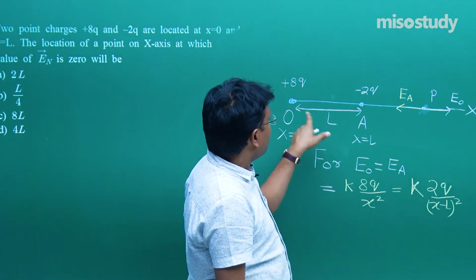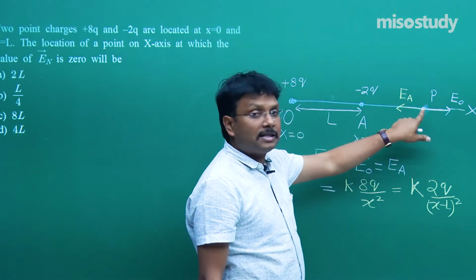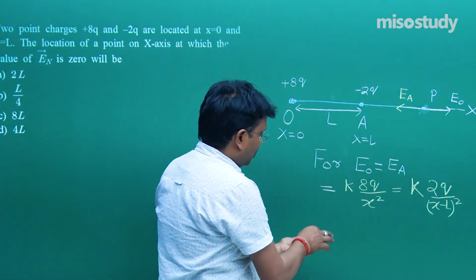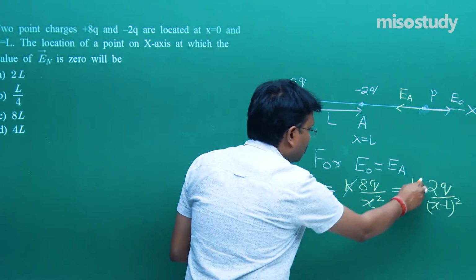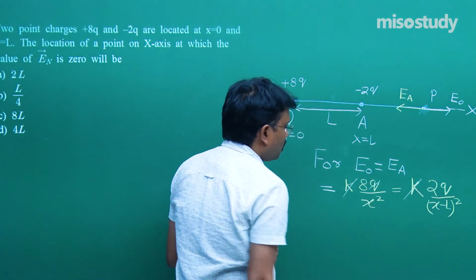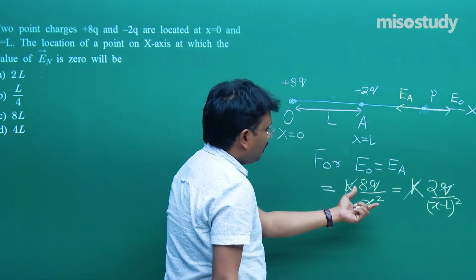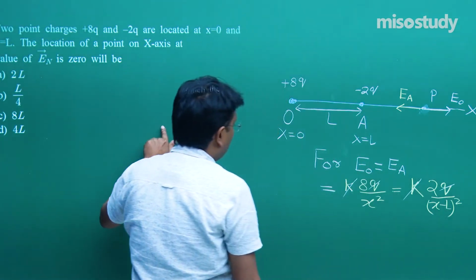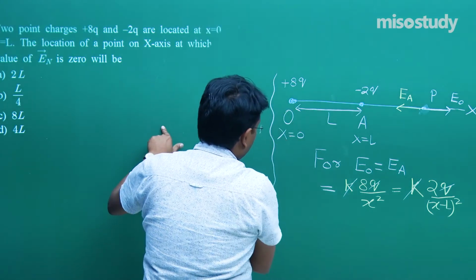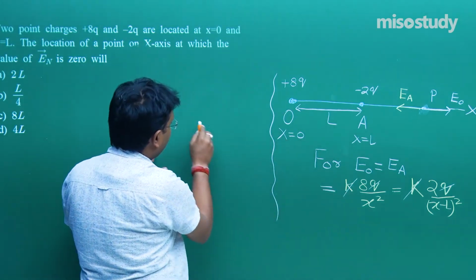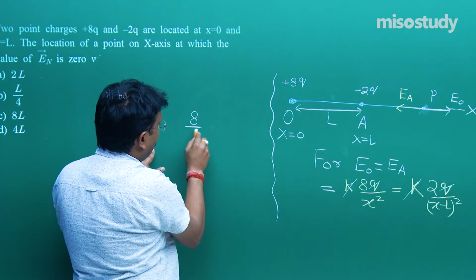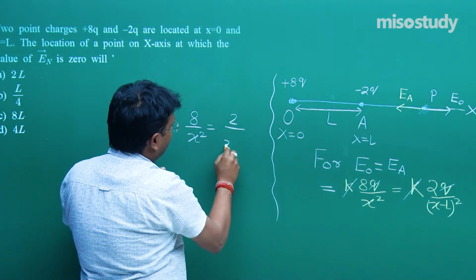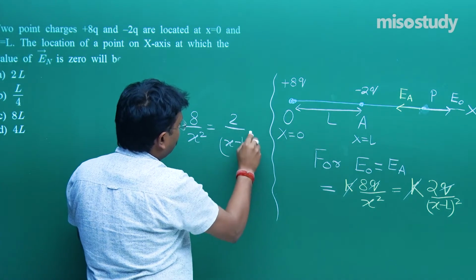What exactly we are doing? We are saying that the total distance is x. So, accordingly this K, Q and Q cancelled, and then what exactly we have left? It is going to be 8 upon x square is equal to 2 upon x minus L whole square.